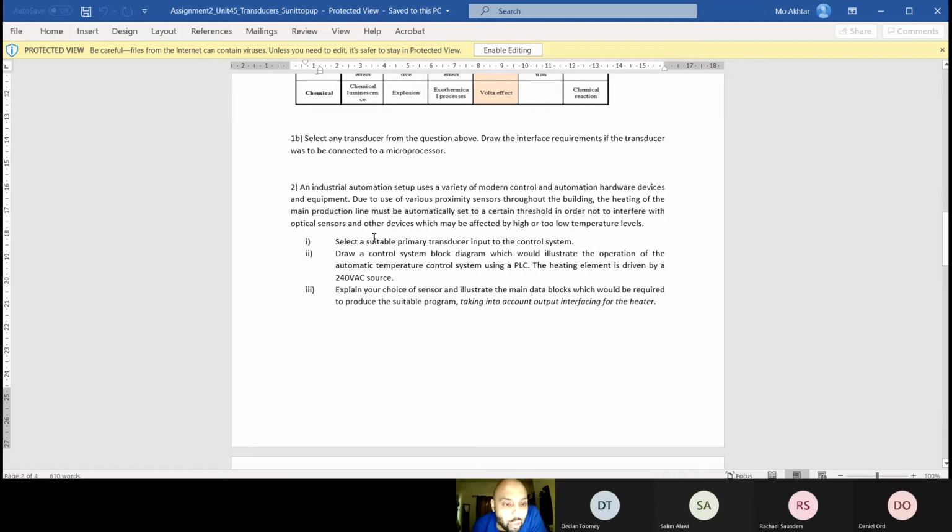Select a suitable primary transducer input to the control system. So what type of sensor would be used, for example, to control the heating environment of a production floor area? Now you might be tempted to say thermocouple, or you might be tempted to say thermistor.